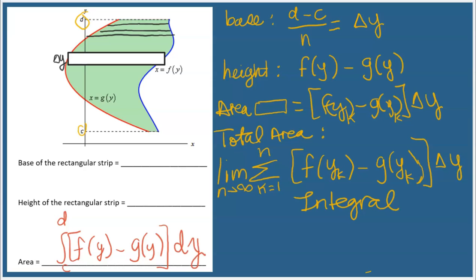Here we are thinking, because these are horizontal strips, the base of this horizontal strip is delta y, or you can think of it as dy, and the height of the rectangular strip would be the difference in the function values, and that is written in terms of y, because it is a horizontal strip. Okay, so that is how that works when you have horizontal rectangles.